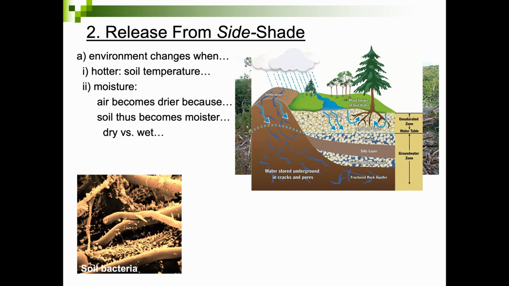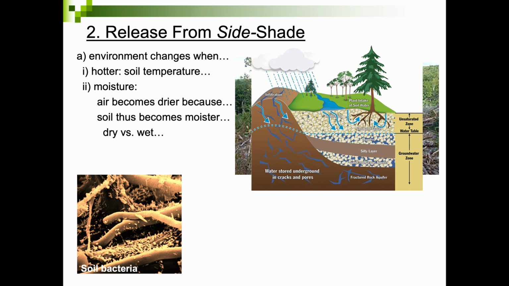In a habitat that was pretty dry and water limited, release from side shade will reduce the number of individuals, and there will be more available water for those plants that didn't die or weren't removed from that disturbance. So those individuals are going to have more available water, and they're going to grow rapidly.